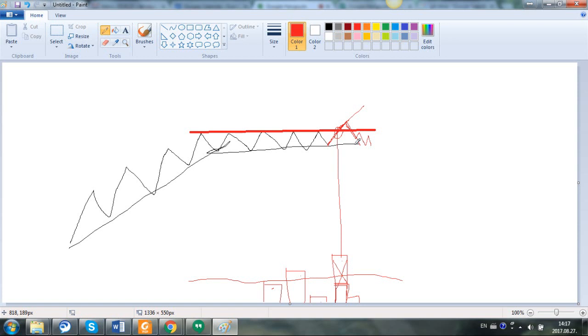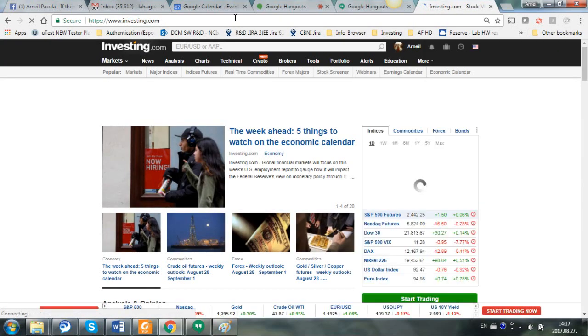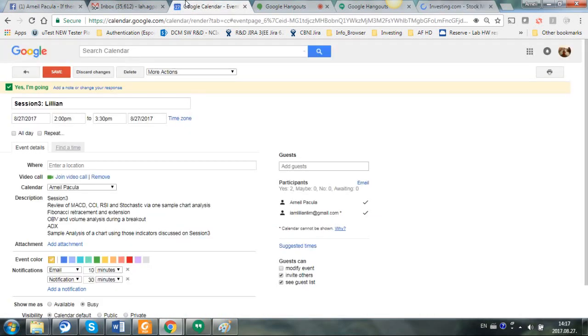Alright? So for today, kailangan muna nating i-recall yung ginawa natin. So I will do some analysis. Then in that case, ma-re-review natin yung previous topics. Alright? So, and the next will be Fibonacci, retracement, and extension. Then volume analysis.